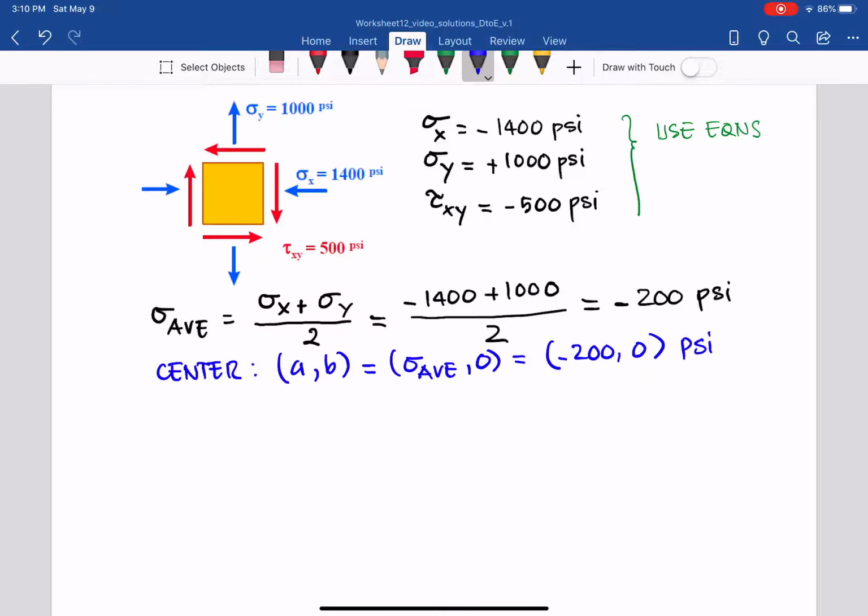The next one, we need to find the radius, and the radius equals tau max.